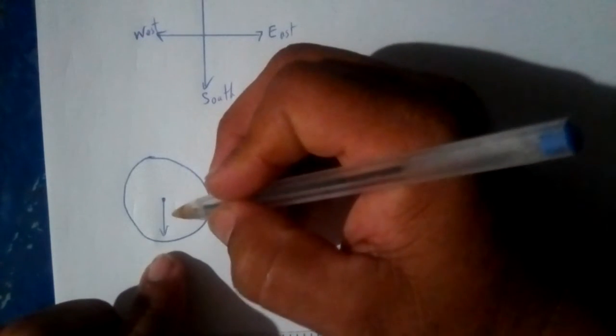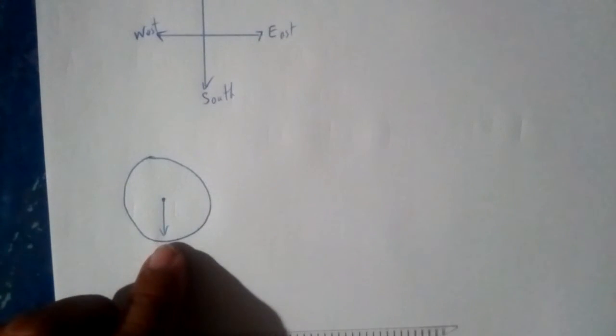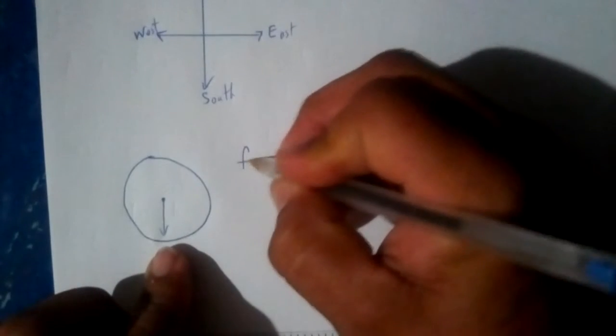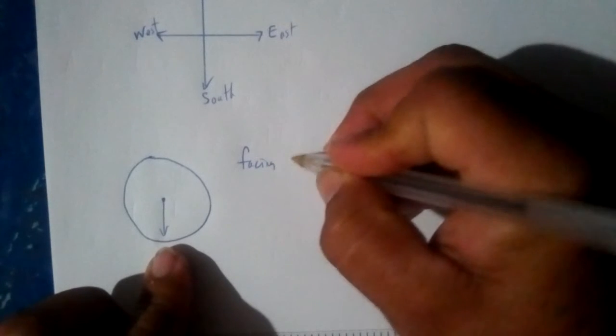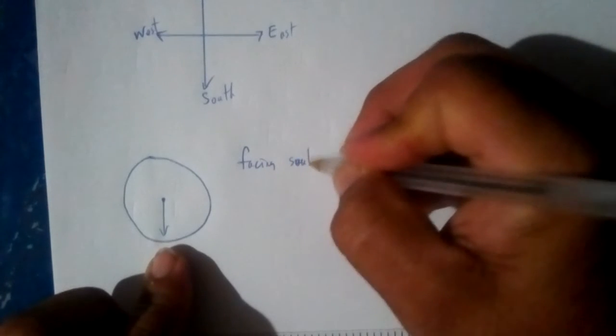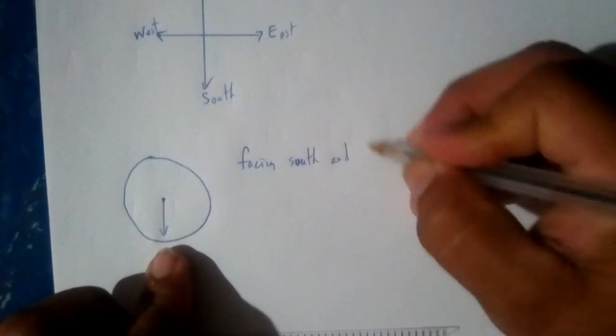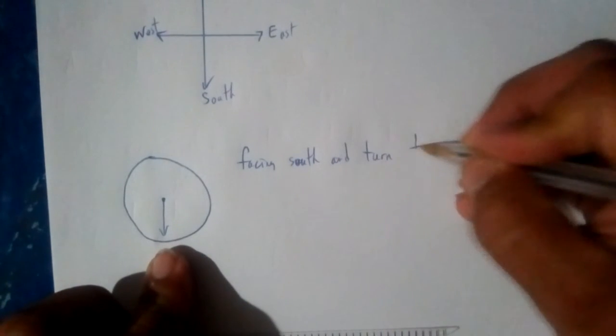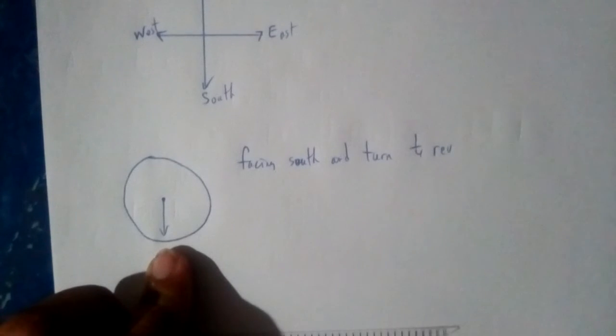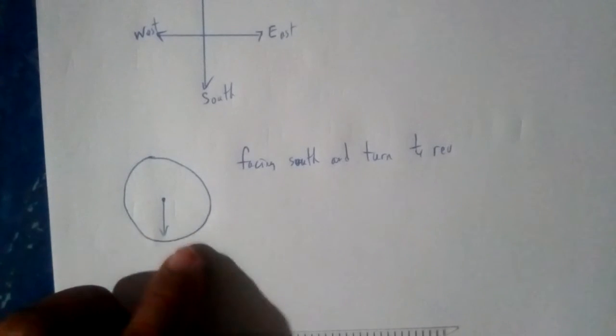That's the direction. Okay, you are facing south and you turn clockwise a quarter of a revolution. So facing south and turns quarter of a revolution. All right, in what direction will you be facing then?